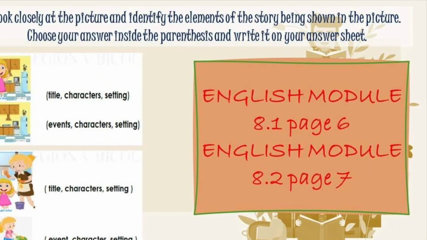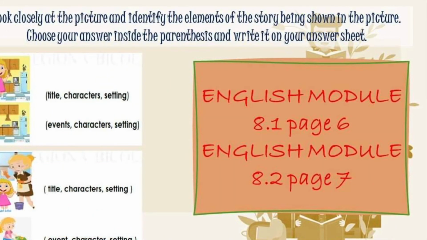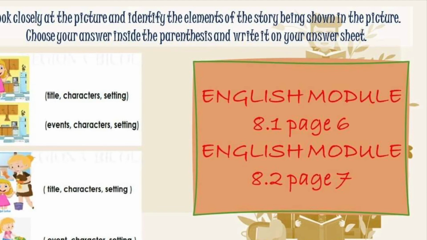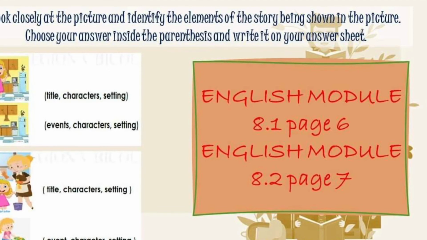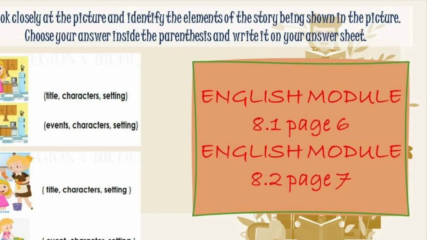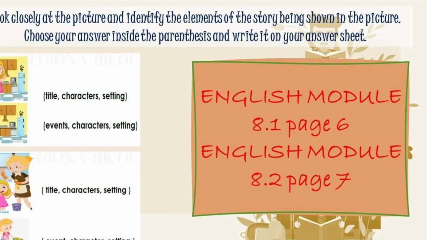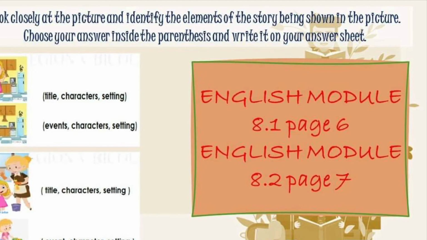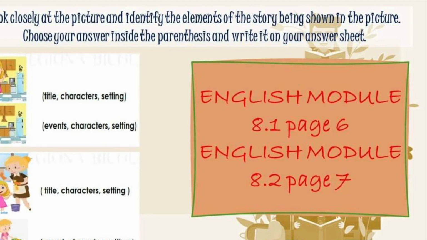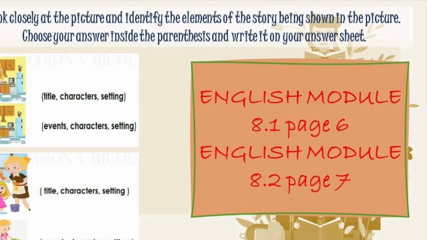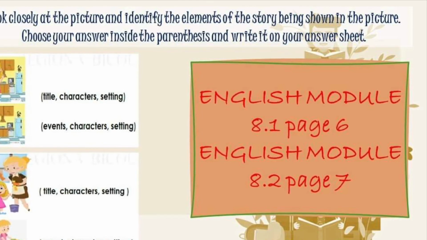Look closely at the picture and identify the elements of the story being shown in the picture. Choose your answer inside the parenthesis and write it on your answer sheet. We have 4 pictures.